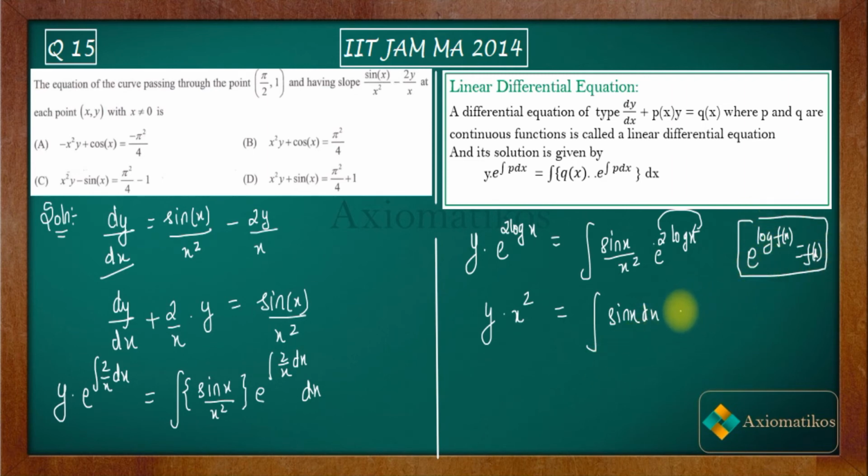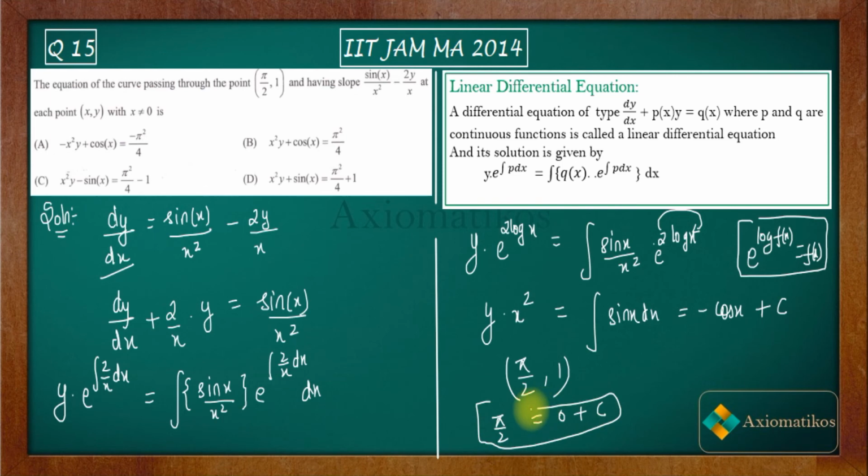Now the integration of sin x is minus cos x, plus some constant c. Now your curve is passing through (pi by 2, 1). So at (pi by 2, 1) I am putting pi by 2 in place of x and 1 in place of y.